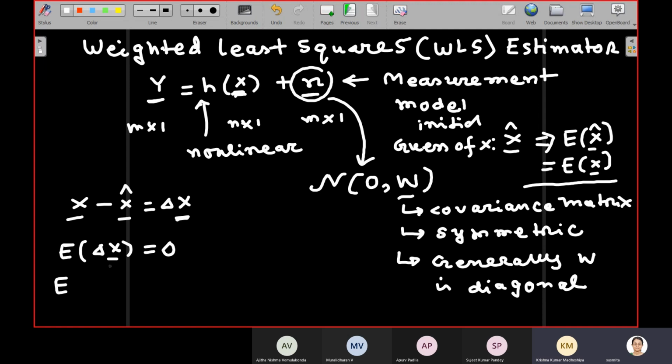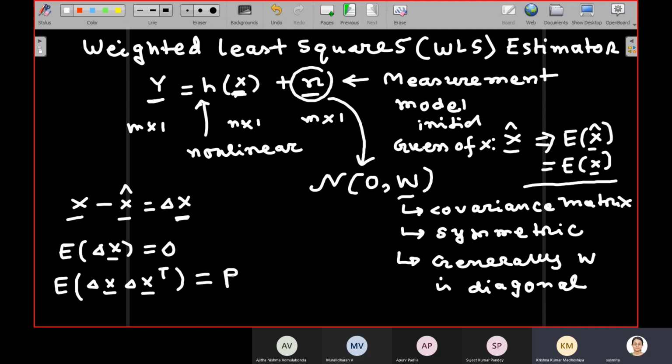Now we also have some information about the variance or the covariance, although later we'll see that this is not required. So let's call this P for derivation purposes.